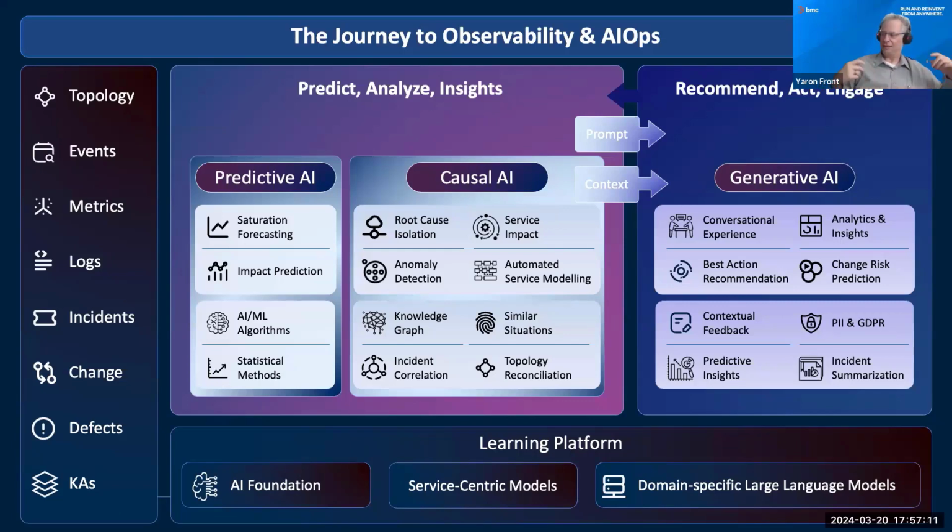Contextual feedback, things like incident summarization and predictive insight. So tell me, again, in human readable language, what's going on and what I should do. And make it so that, again, we don't need all our best and brightest for every problem we have.